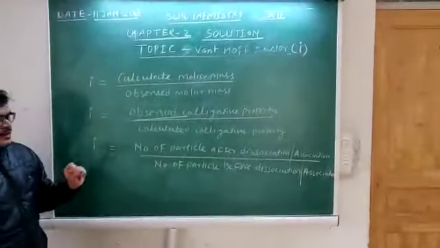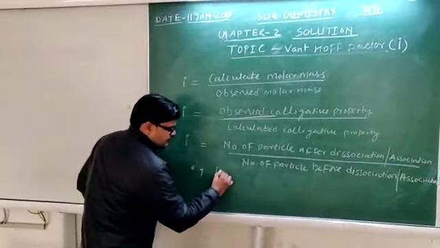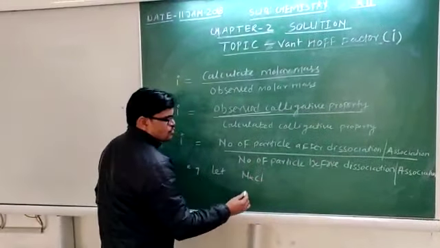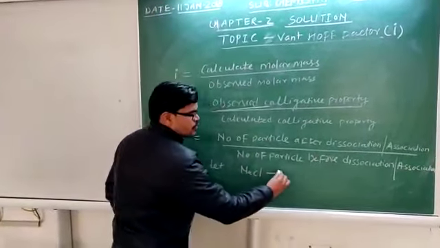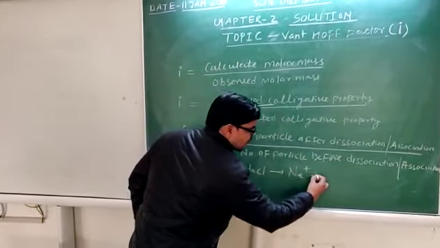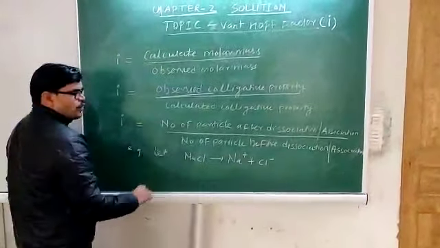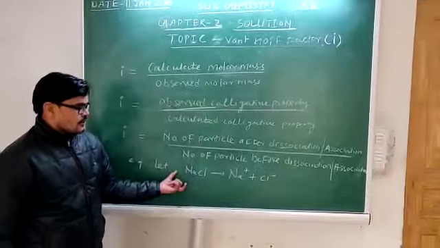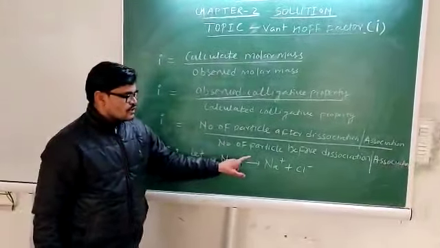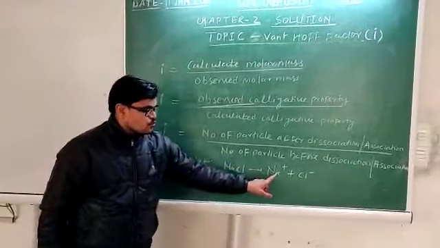How can it be applied? Take the example. Let NaCl undergo dissociation. Dissociation means ionization. Na positive and Cl negative. So if you want to calculate the van't Hoff factor for NaCl, this formula can be used here, because the dissociation concept is given. Number of particles after dissociation is 2. How can I say that?